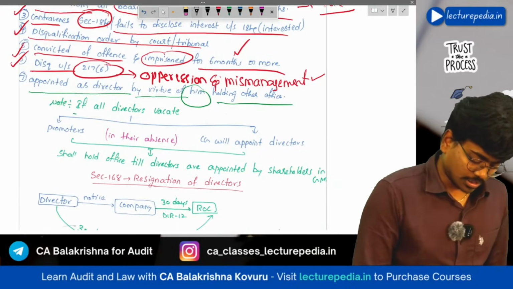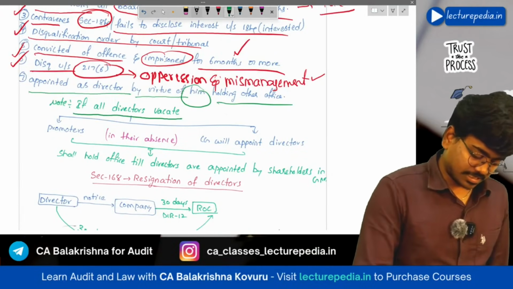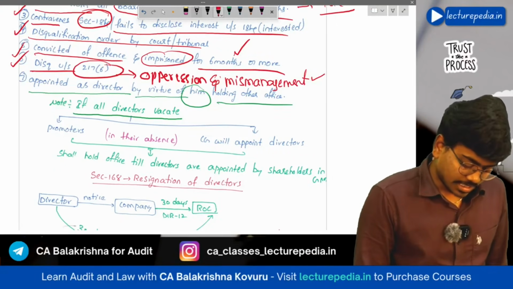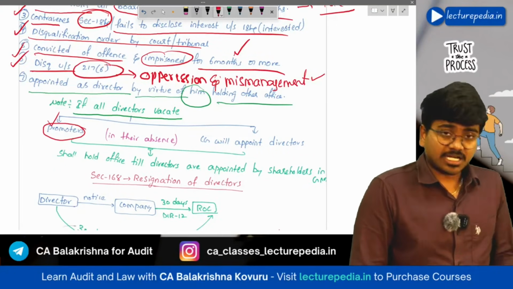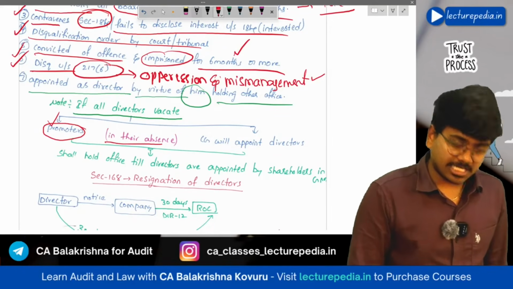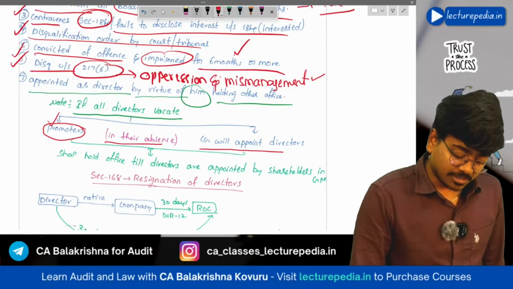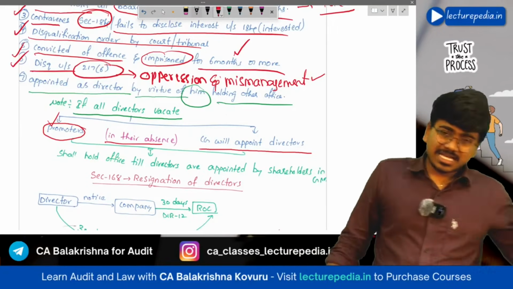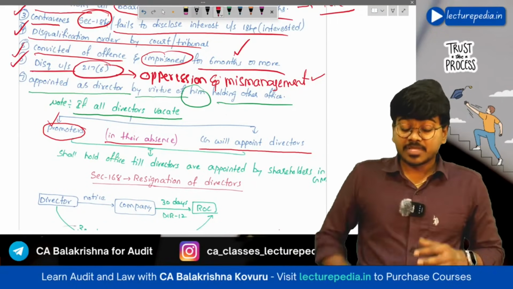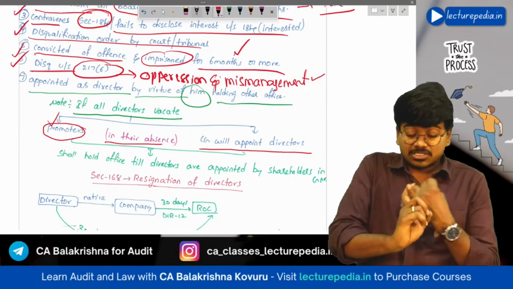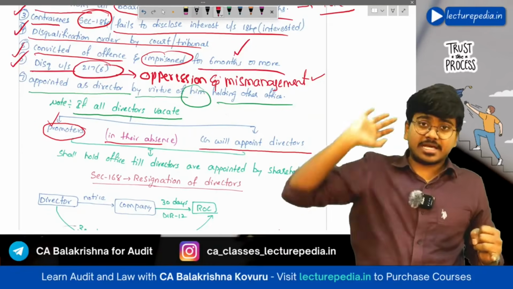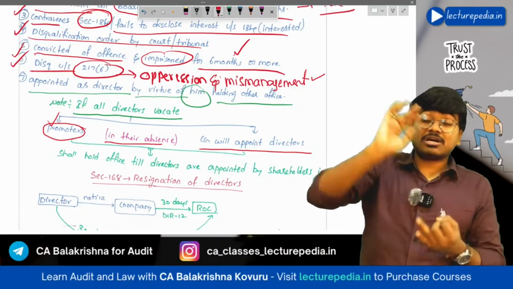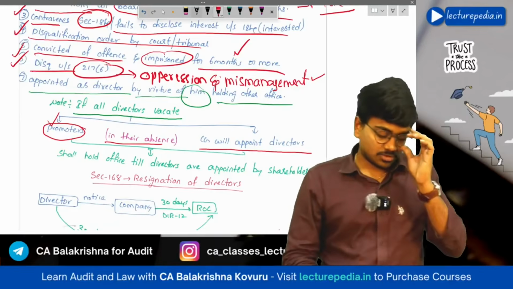See, note, if all directors vacate, either the promoters will appoint the new directors, or, in their absence, if the company does not have promoters, the central government will appoint the directors.